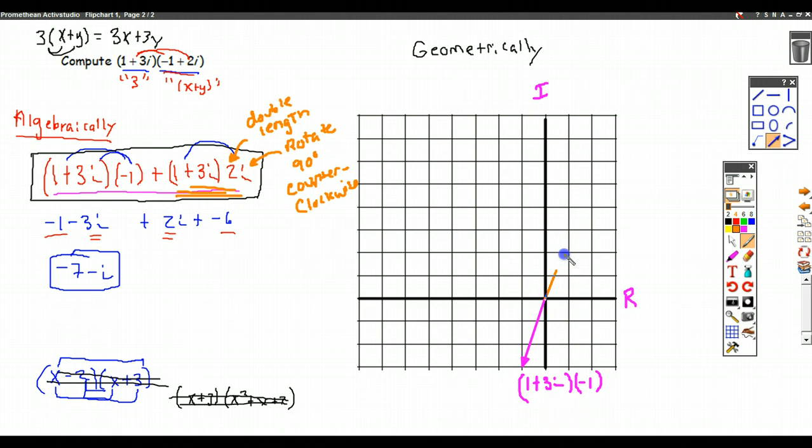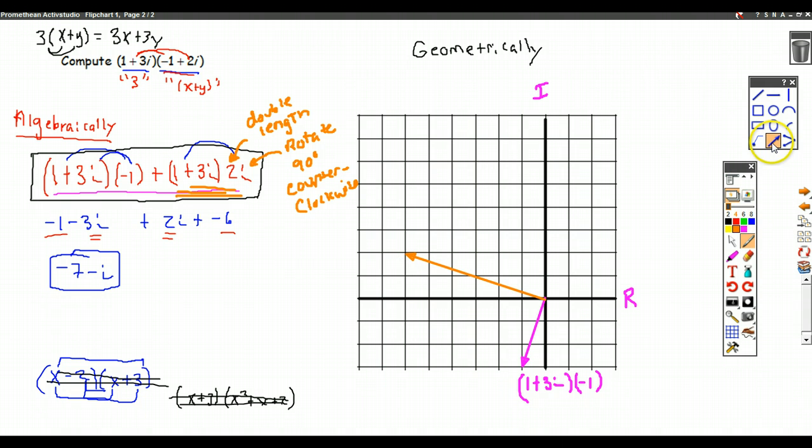So here's my 6 plus 2i. So I need to rotate this so that its slope is down 2, right 6. And this does it. Right?